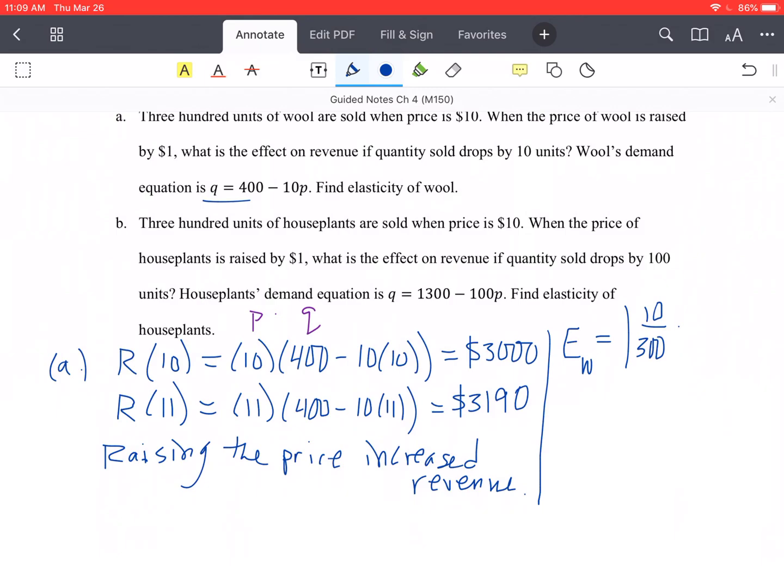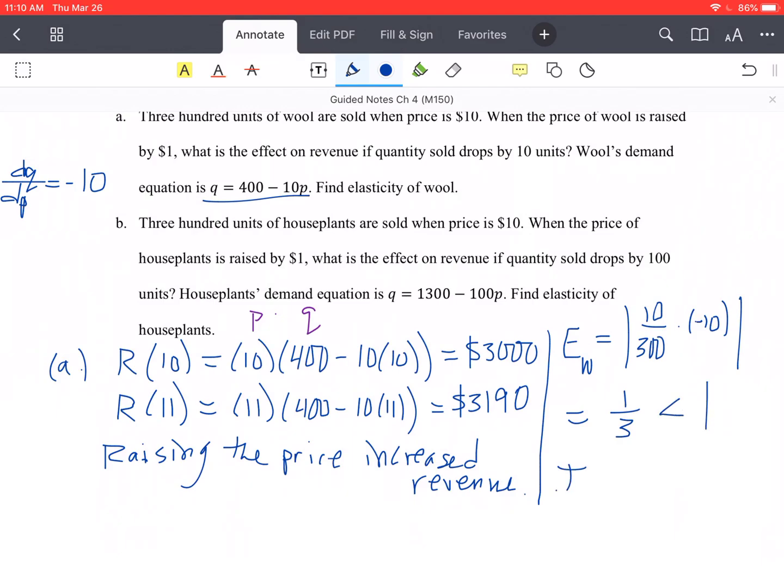The function for the quantity up here, its derivative, dq dp, that's just negative 10. And that's for any value of p, right? Because you just get negative 10. So we end up getting negative 100 over 300. So the absolute value of negative a third. So that's just 1/3, or 0.33 approximately, which is less than 1.